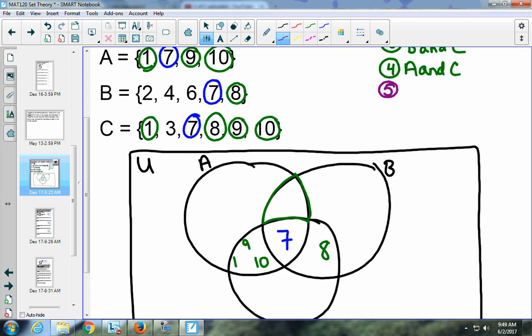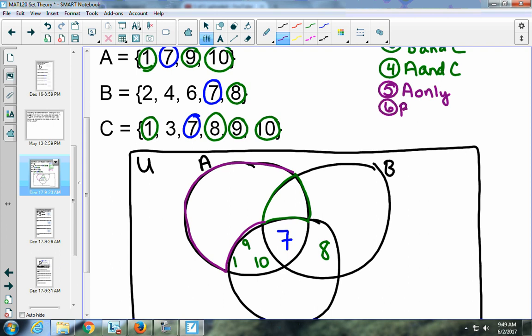In set A, there is nothing that is in just set A. All of the numbers 1, 7, 9, and 10 are already circled. So just like before, this space where the things for only A would have gone stays blank.